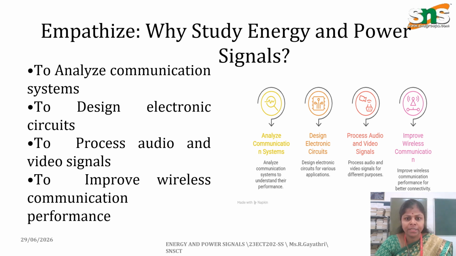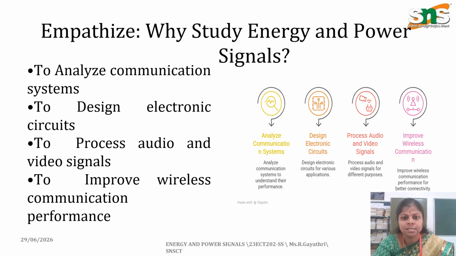First, in the empathy part, why do we need energy and power signals in signals and systems? A signal is nothing but something that carries information from the sender to the receiver, and the system processes the given information, transmits and analyzes it. After that, it is received by the receiver side.